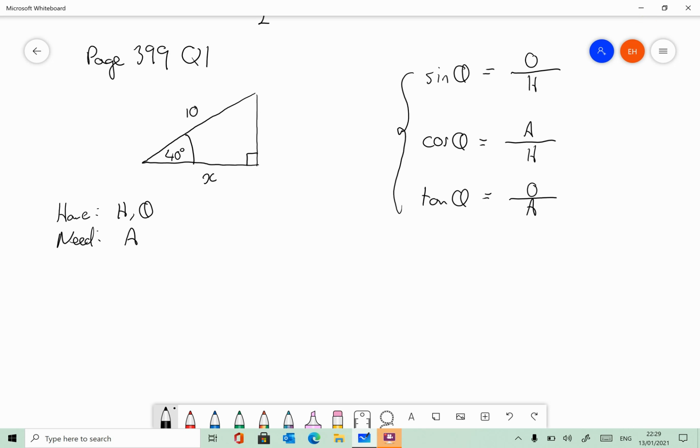Because I need one that deals with h, theta, and a, I'm obviously going to select cosine. So for part 1, question 1, the answer will be cosine. That's all you had to do for that question.